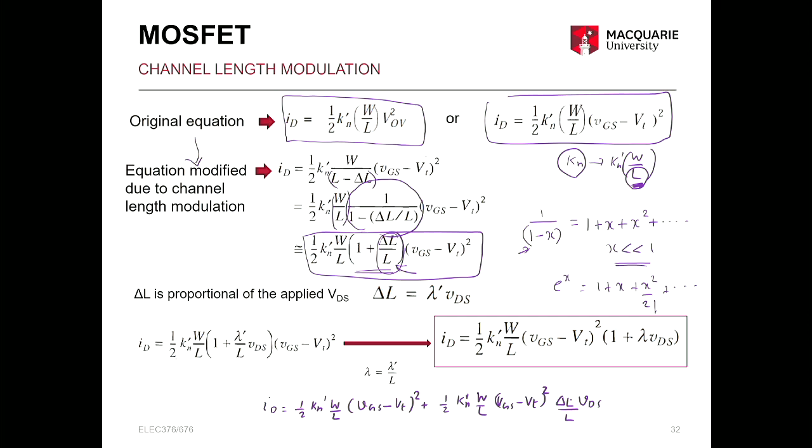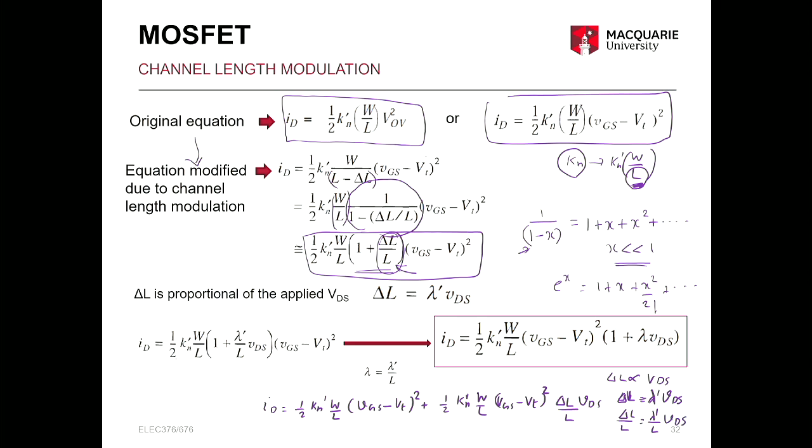Delta L is proportional to VDS, or we can write delta L is equal to lambda dash times VDS. Because of the properties of proportionality, you can multiply with a constant and equate it. And delta L divided by L is lambda dash divided by L times VDS.